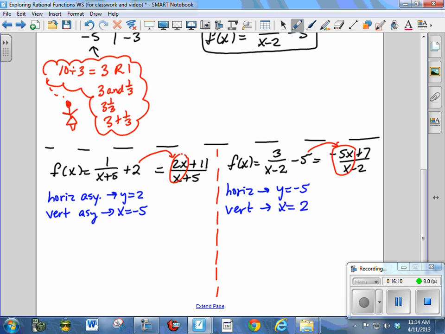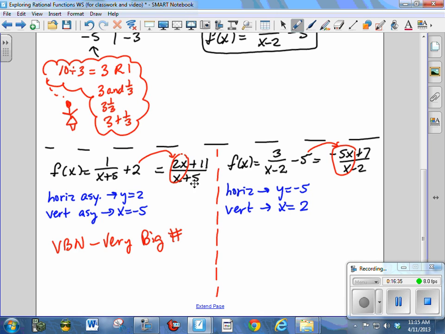Let's think about it logically, if I were to put an extremely large number in for x. Sometimes I call that a VBN, very big number. If I were to put a very big number in for x, basically we're saying what happens if x goes to infinity. But let's say 1 million. I would have 2 million plus 11 over 1 million plus 5.